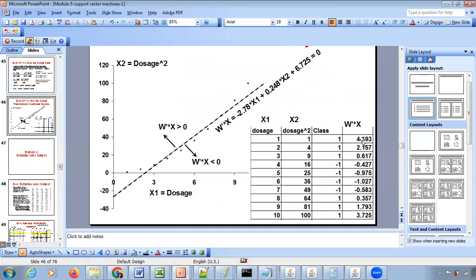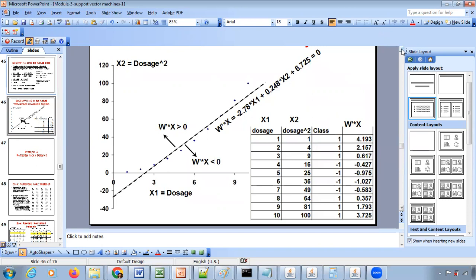We are not guaranteed to find things greater than or equal to 1, but as long as it's greater than 0, we can say that's class 1. As long as things are less than 0 for w prime times x, that's class -1. So this is greater than 0, so class 1.